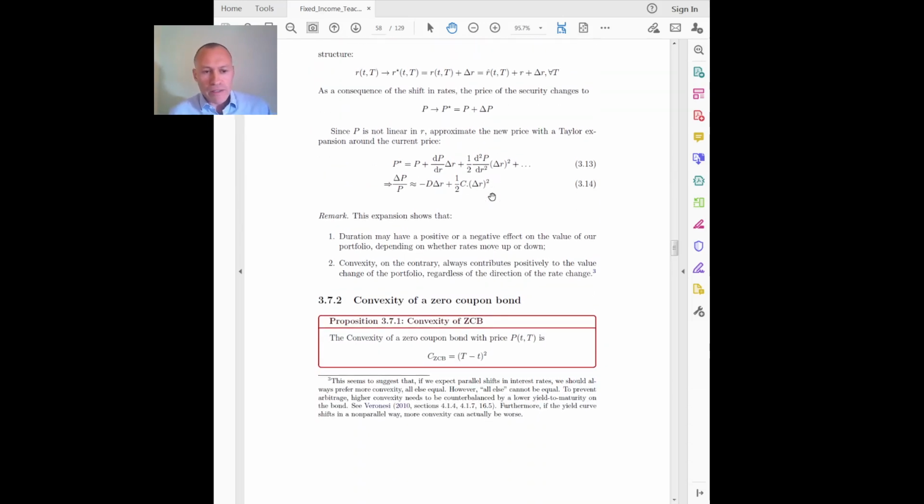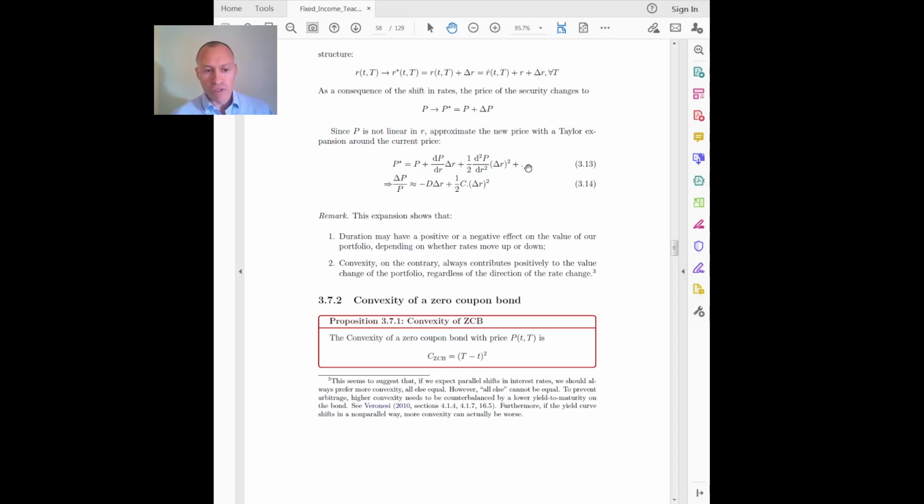Well, the price of a bond is not a linear function of interest rates. So when we expand the price in a Taylor series, we get more terms than just the first order term. This would be the expansion of the price up to the second order, and then all the higher order terms, third order, fourth order, and so on, are over here.